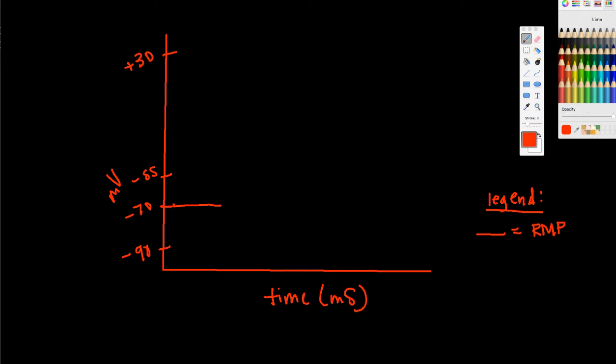And then when I start to have a local depolarization, probably mediated by some kind of ligand-gated ion channel, this is the local, also called the graded potential. This is the rapid depolarization that we call the action potential.